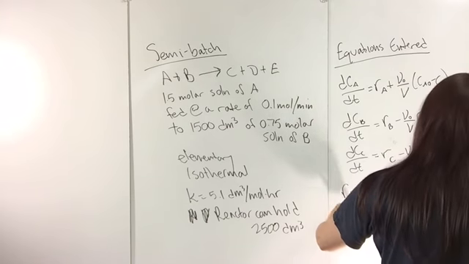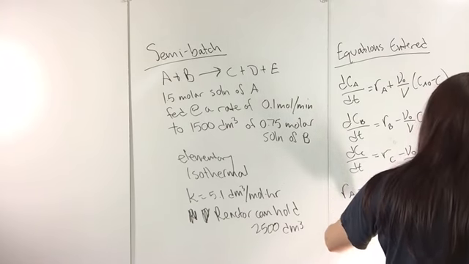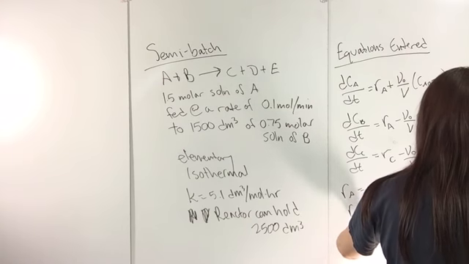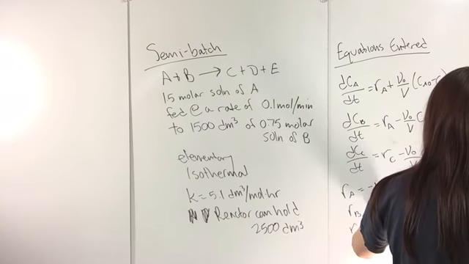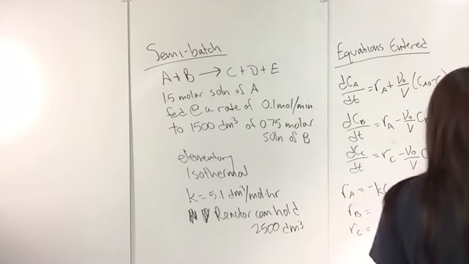So then Rb is equal to minus Ra. No, sorry, these are the same because you have A plus B. So Rb is equal to Ra. So that's why when I wrote this, I had Ra here, and then Rc is equal to minus Ra.